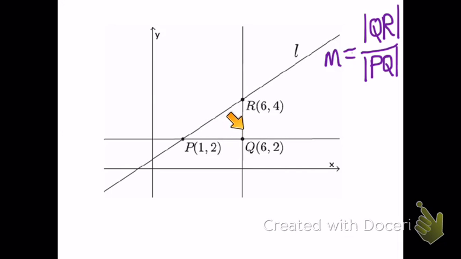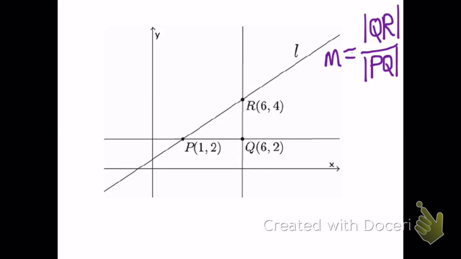And so to find, pause the video and think about what those distances are and how I could calculate them. Okay, so you might say, hey, I don't have grid lines, but I can see that this distance QR over here, the y coordinate's going from 2 up to 4, so that's just 2 units right there.